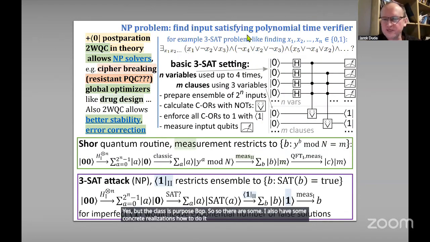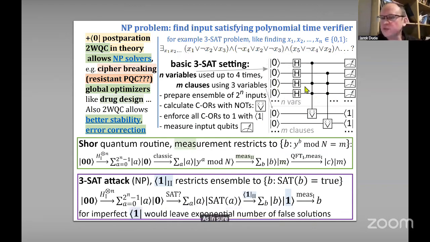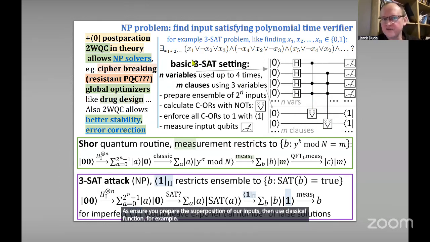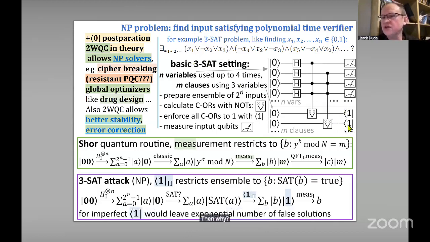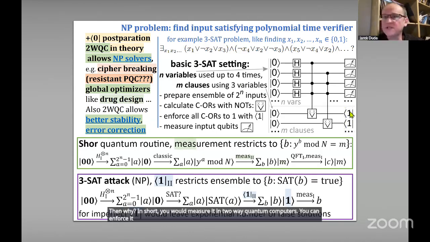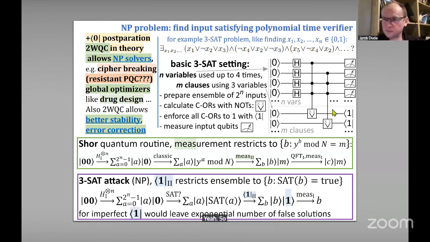For example, for 3-SAT, as in Shor's algorithm, you prepare the superposition of all inputs, then use a classical function, for example, as these alternatives of triples. Then while in Shor you would measure it, in two-way quantum computers you can enforce it. Like post-selection, but literally you reverse the process used for preparation. So you could do NP in theory, maybe also higher.